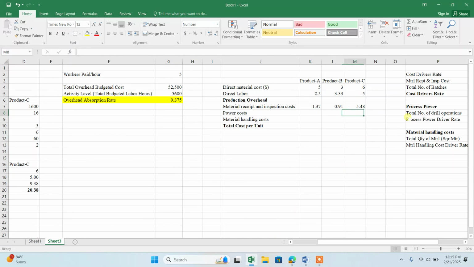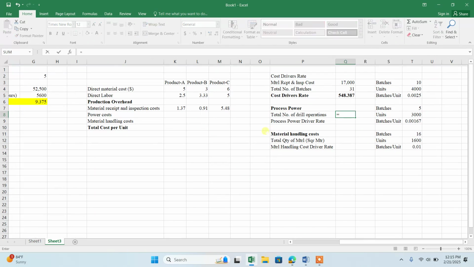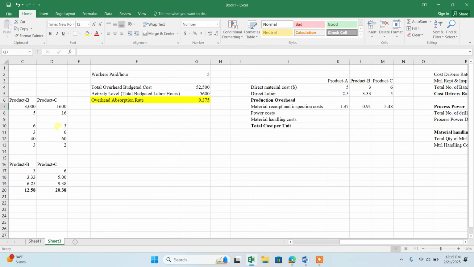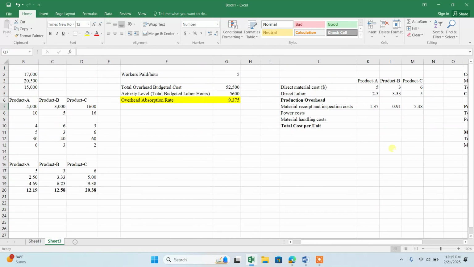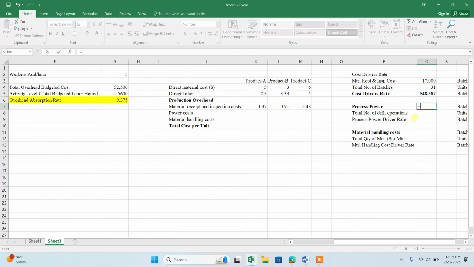Now let me come here. Let me find the cost driver rate for the second component of the overhead cost, which is the power process. What is the power process cost? It is 20,500.